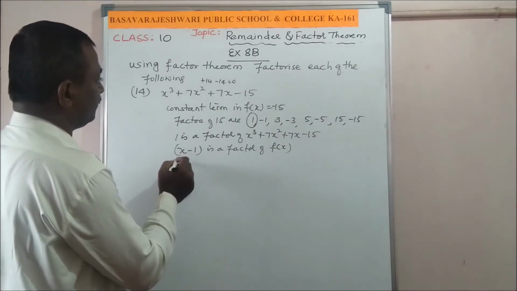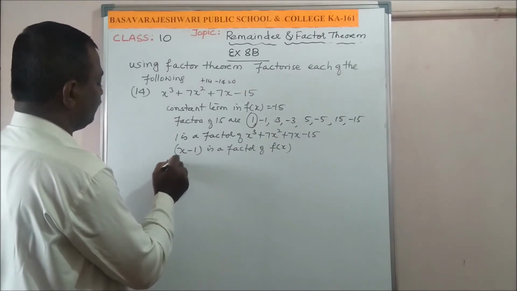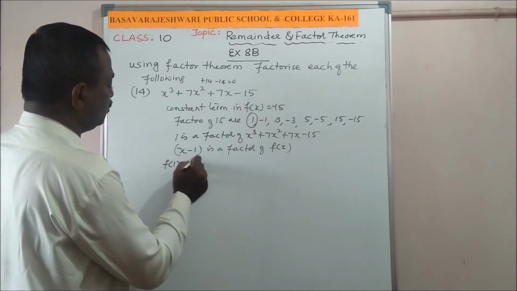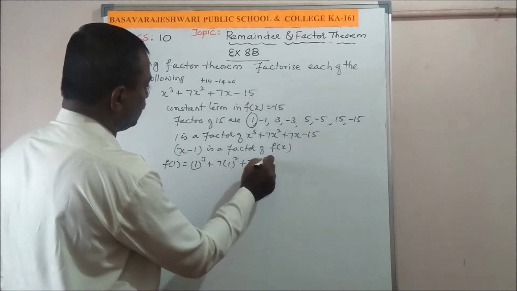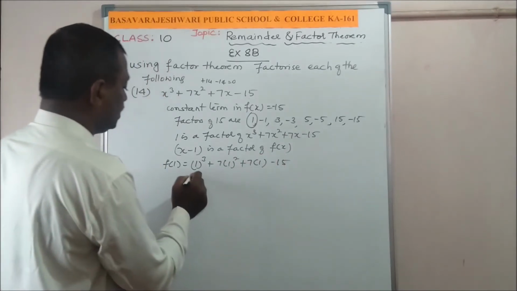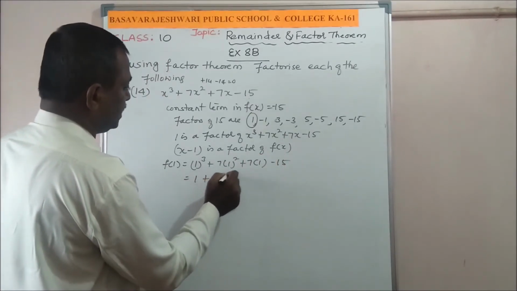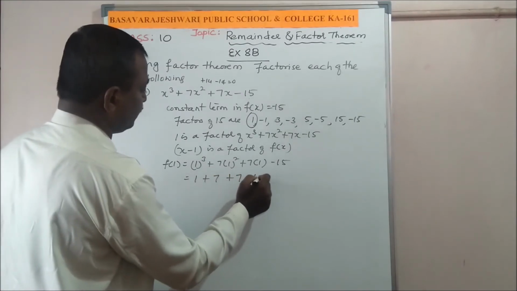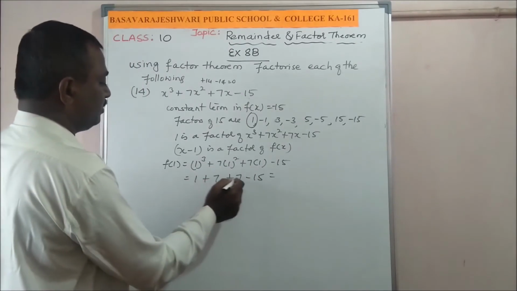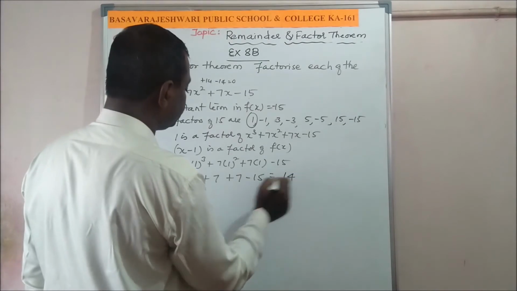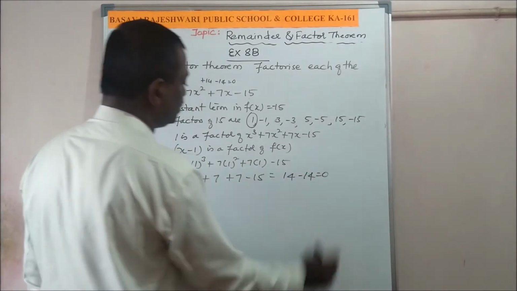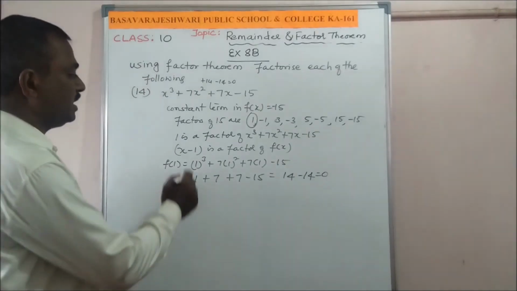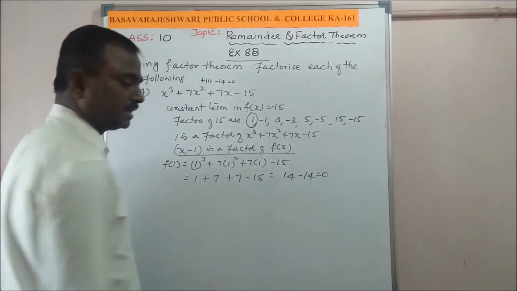So 1 is a factor of f of x. So substitute. F of 1 is equal to 1 cube plus 7 into 1 square plus 7 into 1 minus 15. 1 plus 7 plus 7, 14 minus 15, is equal to 0. So therefore, x minus 1 is a factor of f of x.